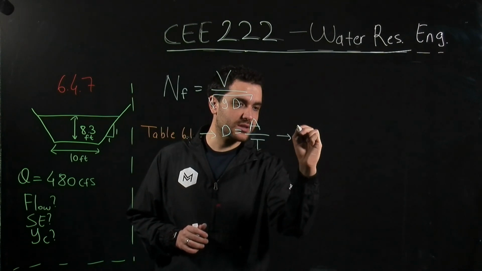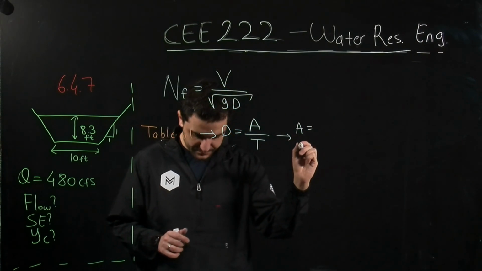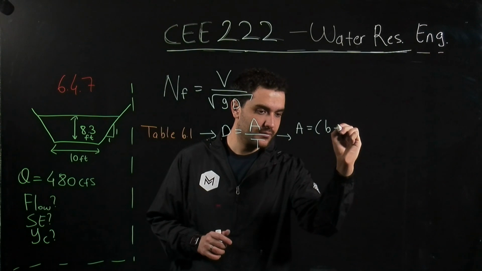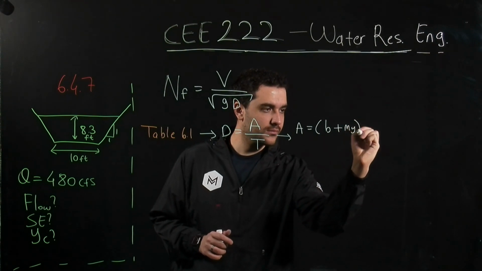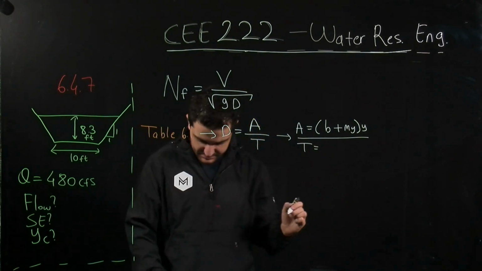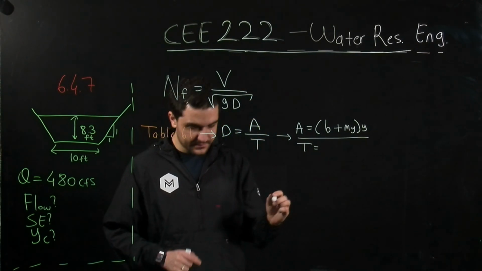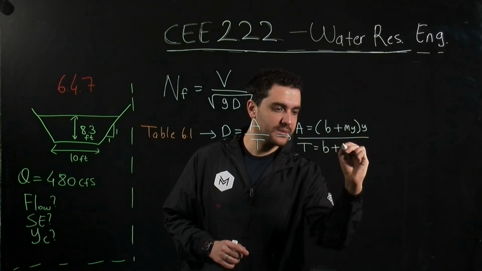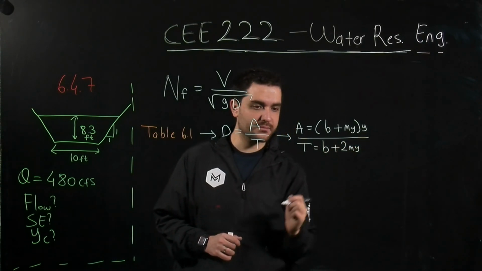So here the area is given by this formula, and the top width is b plus 2my.